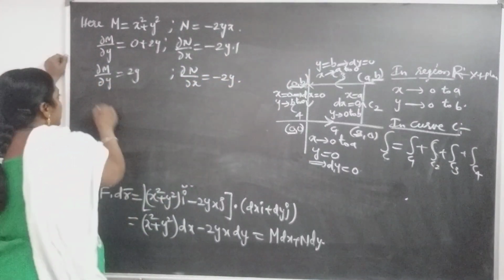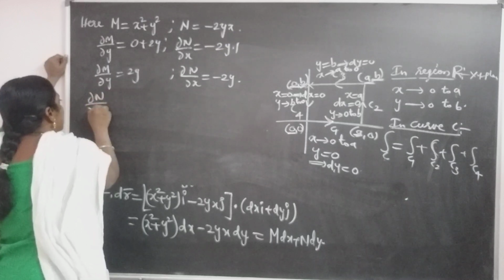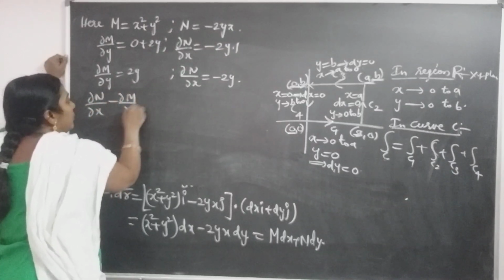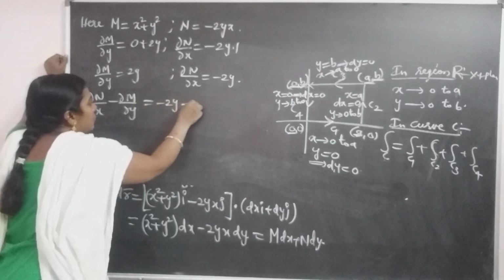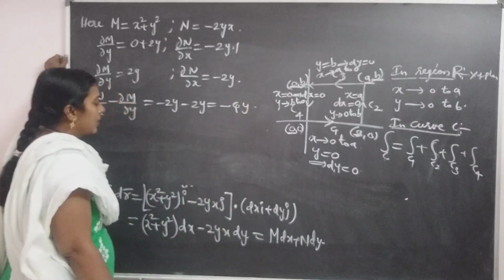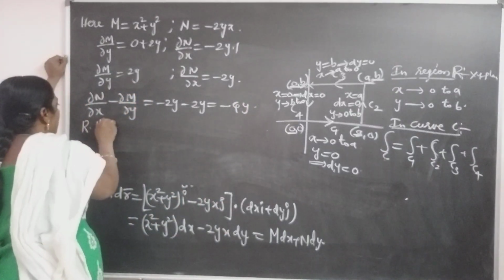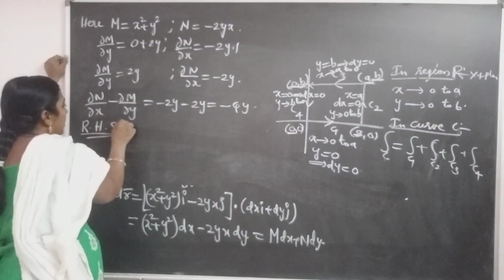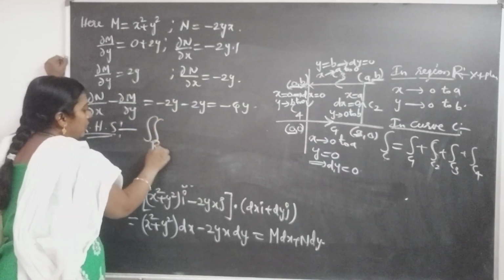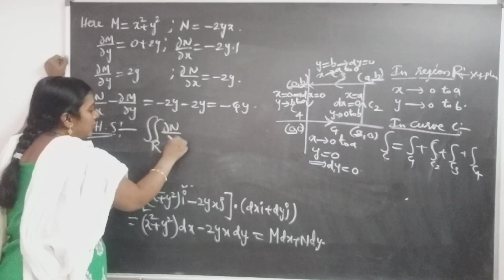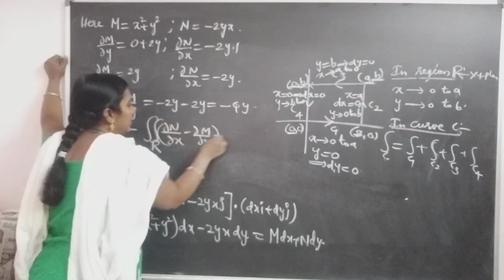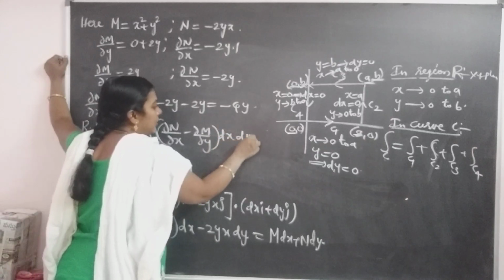By using Green's theorem, we can find the difference of dou n by dou x minus dou m by dou y. It is equal to minus 2y minus 2y, that is minus 4y. From the RHS of Green's theorem, the RHS value is the double integral over R of dou n by dou x minus dou m by dou y into dx dy.